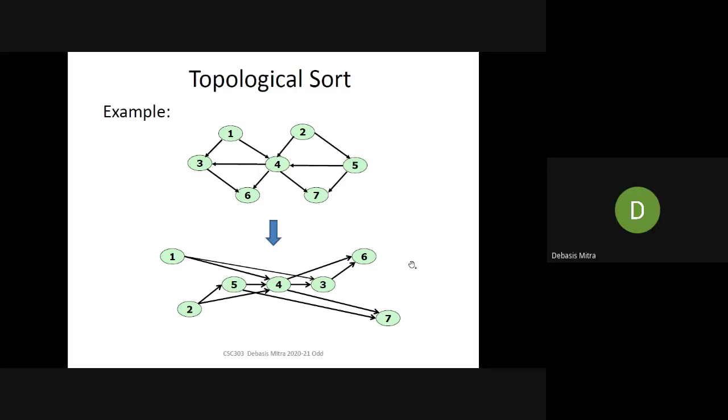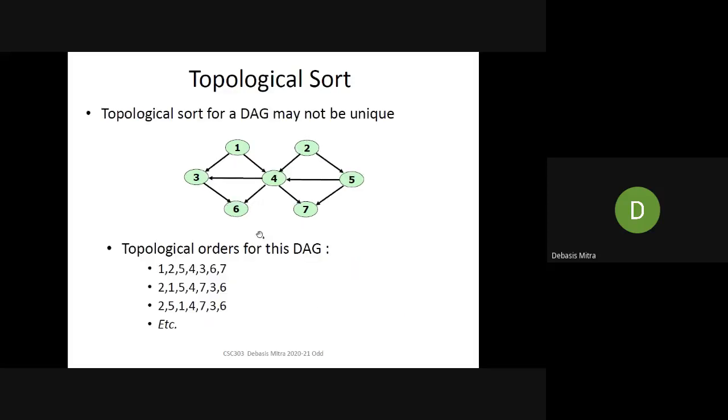See, if anybody is having any difficulty, please say so. Okay, so you just check for this graph the possible topological orders. As I have said, it may not be unique. There may be several valid topological orders. But for any real life problem, finding one of them will be sufficient. And you should remember that there will be a subset of the nodes which will appear in the same level.